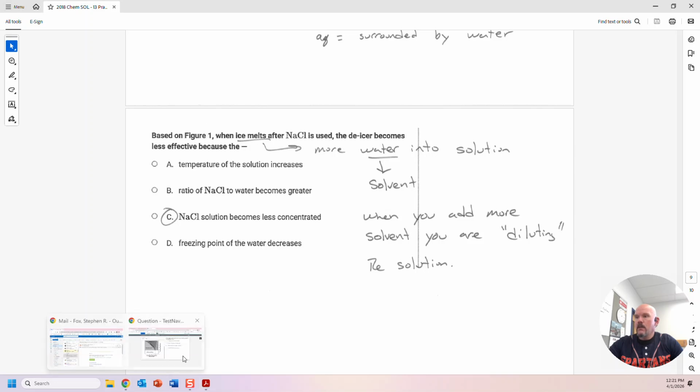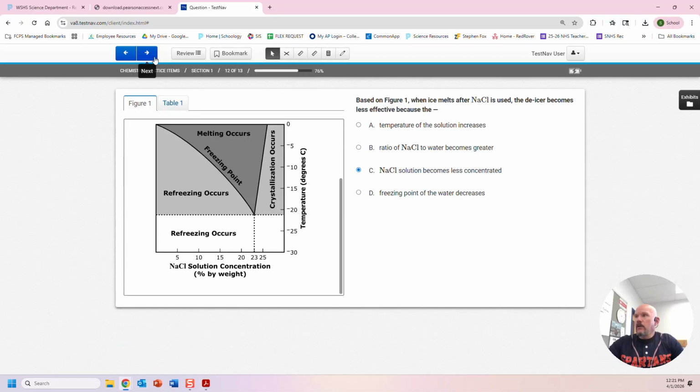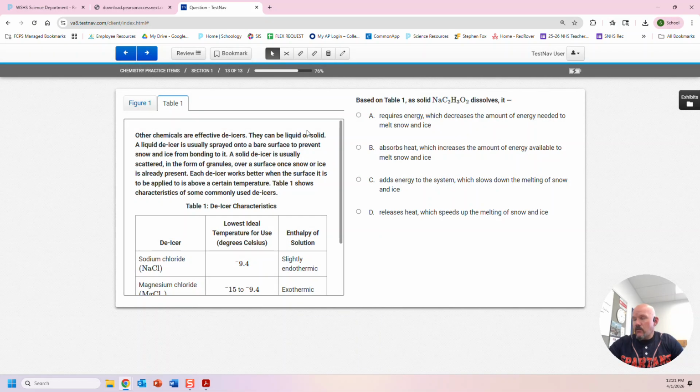And then if we go to the last question, here we go. It's asking, based on table 1, as solid sodium acetate dissolves, it requires energy, absorbs energy. Require and absorbed heat are the same thing. Adds energy to the system.